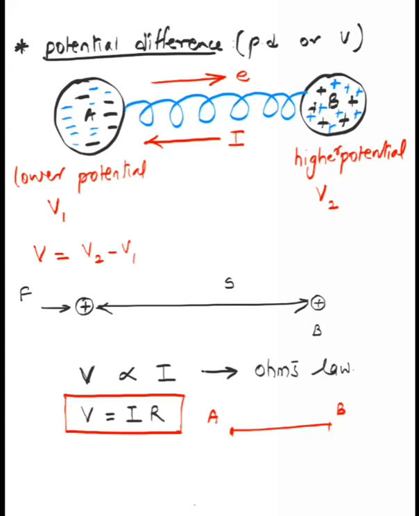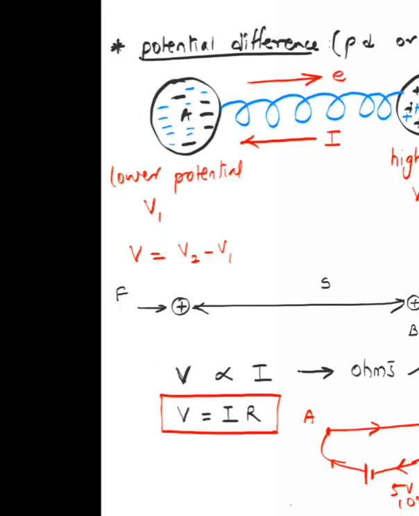And what does it mean? Let's say the ends of this wire are connected to a cell or a battery, for example. Now, when you're passing current through this, even if I keep on changing the battery, first using 5 volts, then 10 volts, then 100 volts, as you keep on changing the voltage, the current flowing through this will also change.